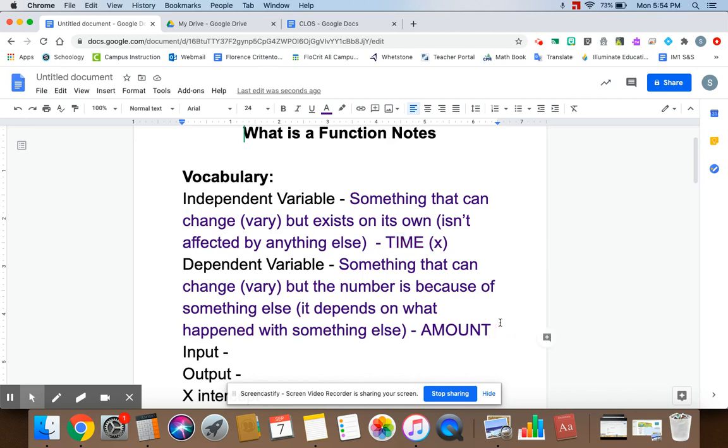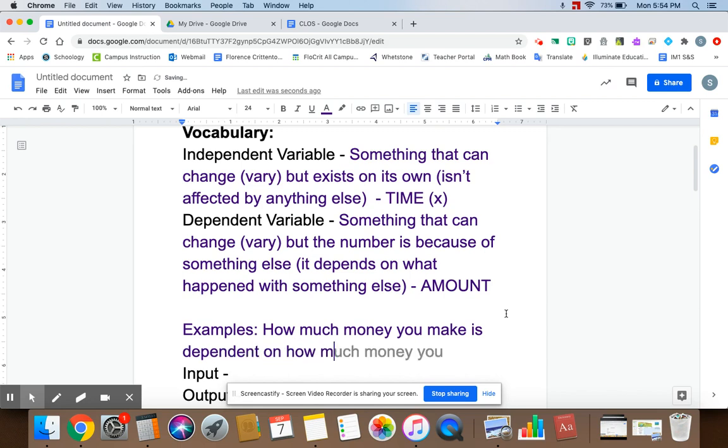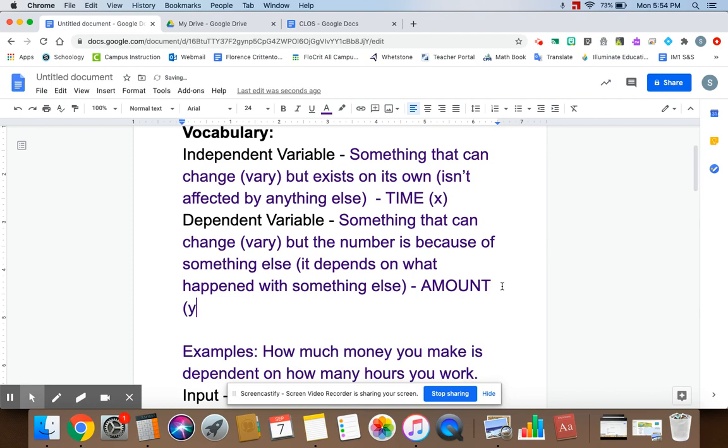So I'm going to do some more examples real fast. How much money you make is dependent on how many hours you work. So in this case, in math, the dependent variable is known as the y.